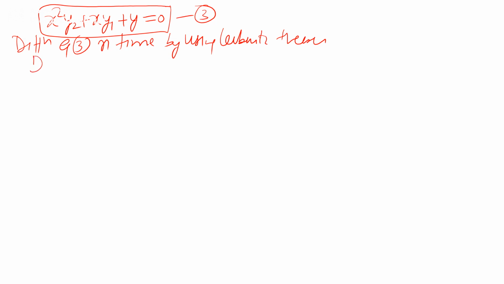We write the n-time derivative of x^2 y2 plus the n-time derivative of x y1 plus the n-time derivative of y is equal to 0. So here apply the Leibniz theorem.